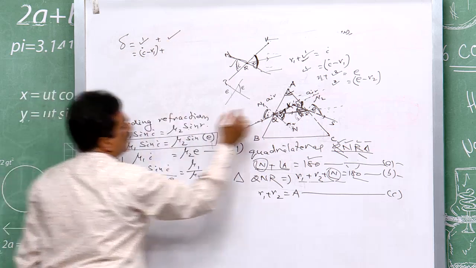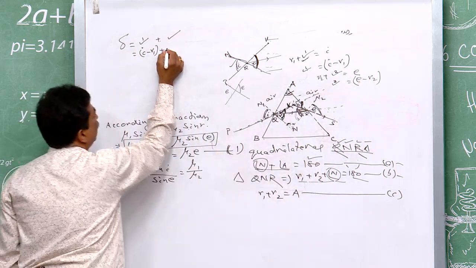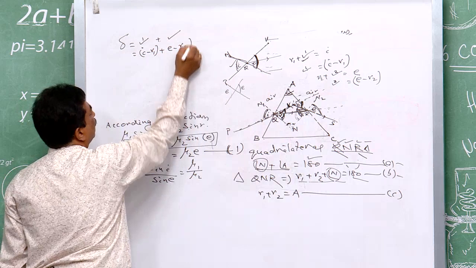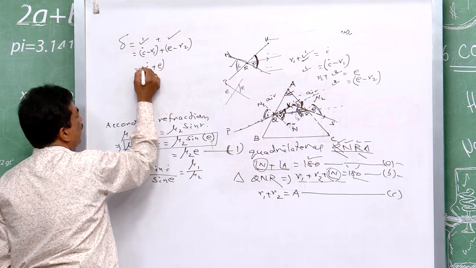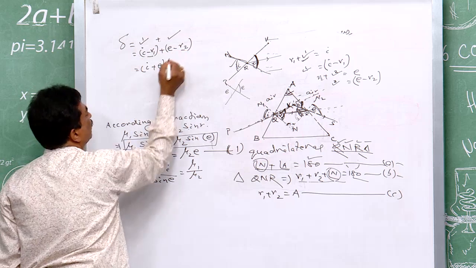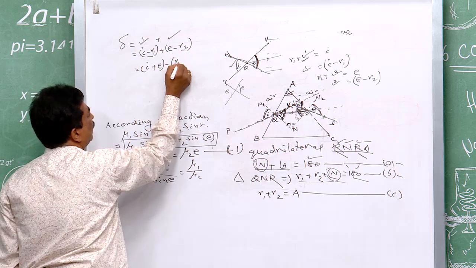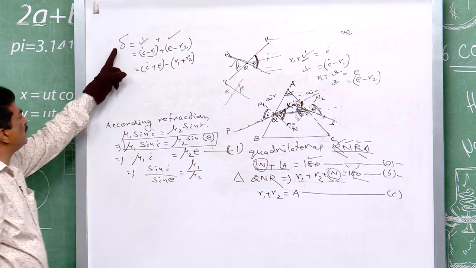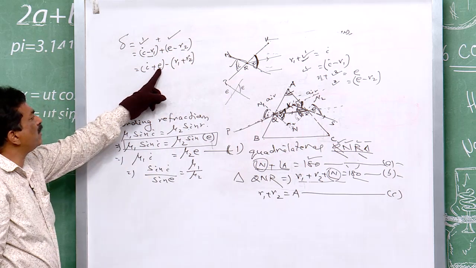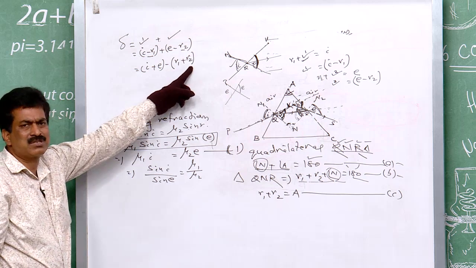The second tick mark is equal to E minus R2. So, this is equal to I plus E minus, with the minus taken common, R1 plus R2. So, this del is equal to I plus E minus (R1 plus R2).